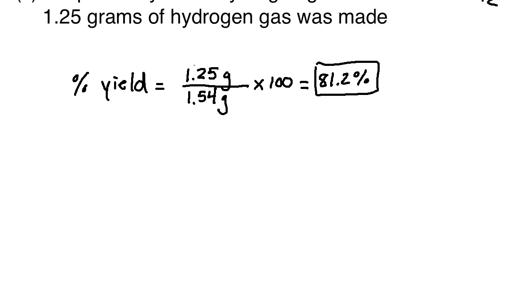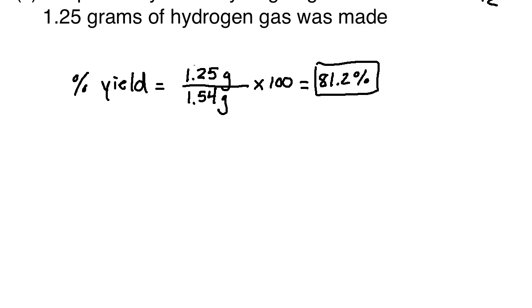Many reactions, not all, but many, fall short of 100% yield, and it's just impossible to get 100% yield. Many students will come up to me when they're working in the lab and say, oh, I got an 85% yield, or some will say I got a 50% yield, and they'll say, is that acceptable? It depends on the reaction.